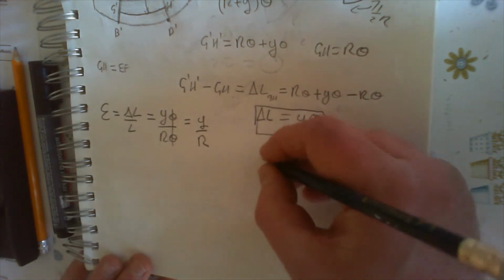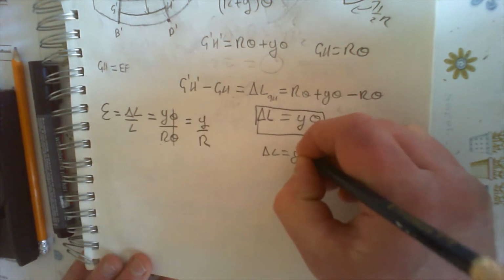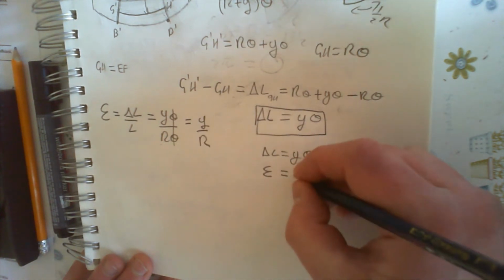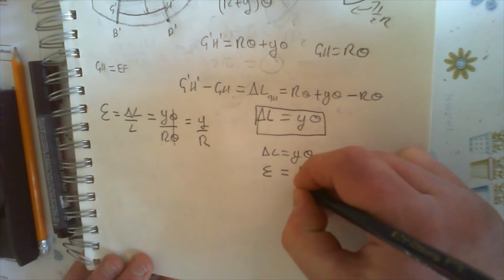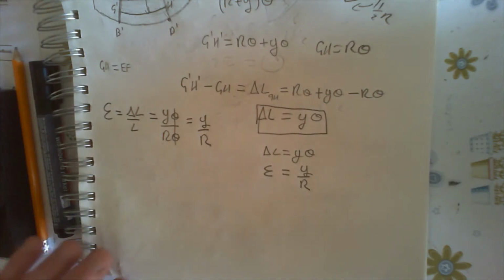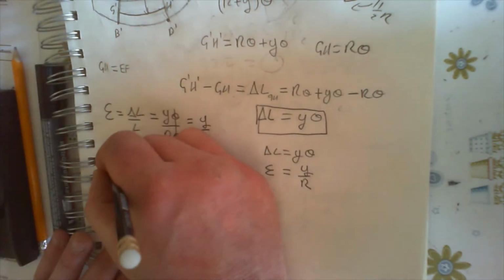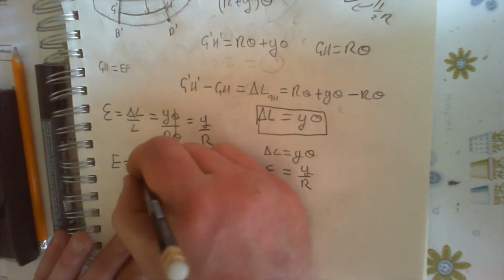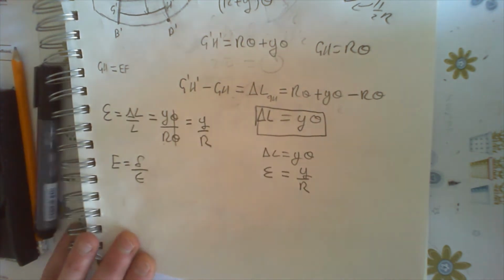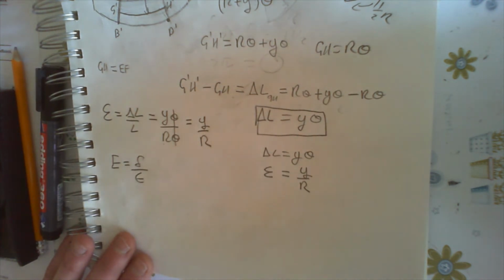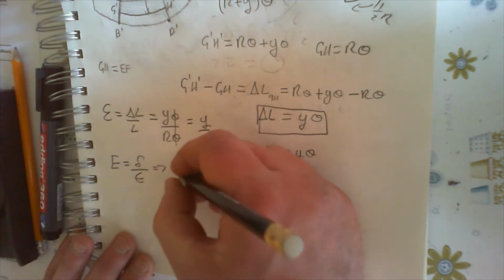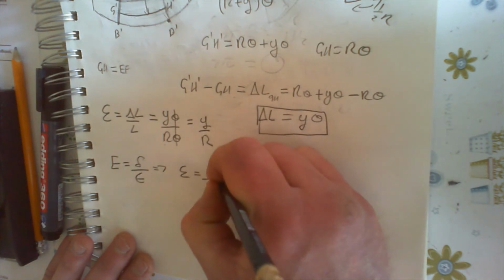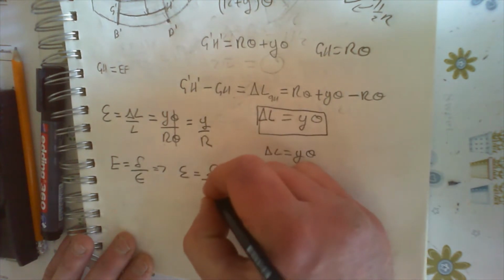So far we have the change in length equals y theta, and the strain is equal to y over R. Now remember, Young's modulus is equal to stress over strain. We can rearrange that to strain equals stress over Young's modulus.